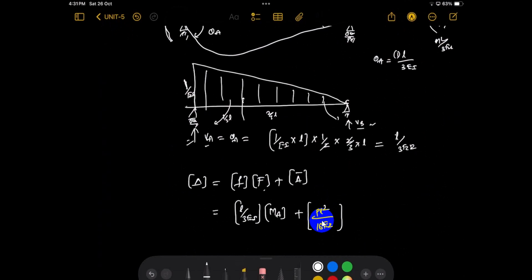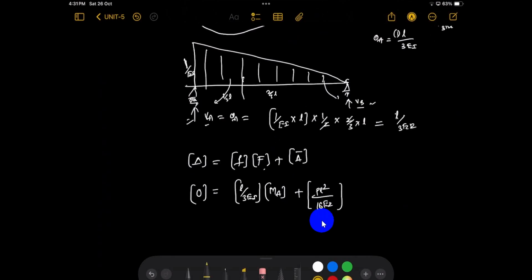So what is the final displacement? Displacement means rotation, which is 0. Just understand the meaning. If there is no MA, this much rotation will occur, as with a hinge support where there is no moment.